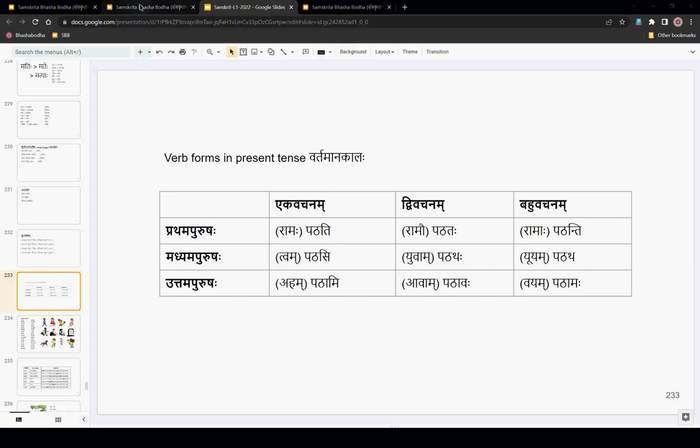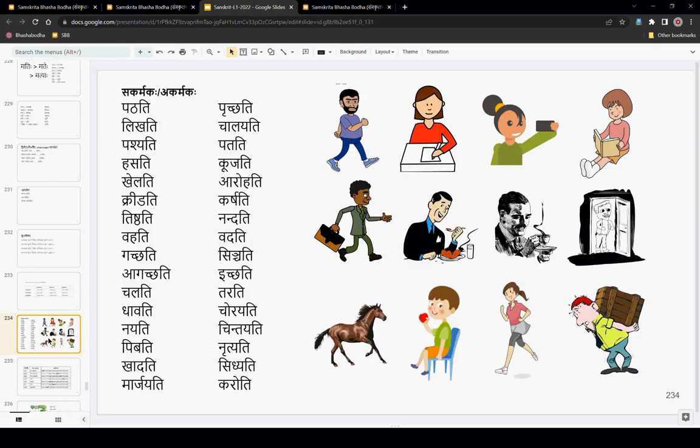Okay. With that quick recap, we'll move forward. We also saw Akarmaka Kriyapada and Sakarmaka Kriyapada. Okay. Shubhashri Bhagini, what is the difference? Akarmaka, Sakarmaka Kriyapada. Yeah, Sakarmaka is transitive. That means it answers the question what. So I'm reading something. I'm reading what?